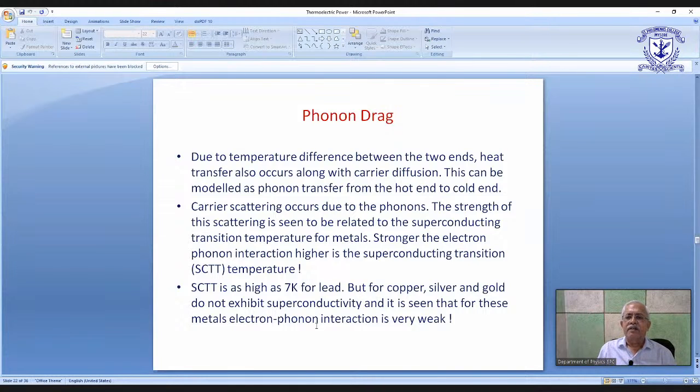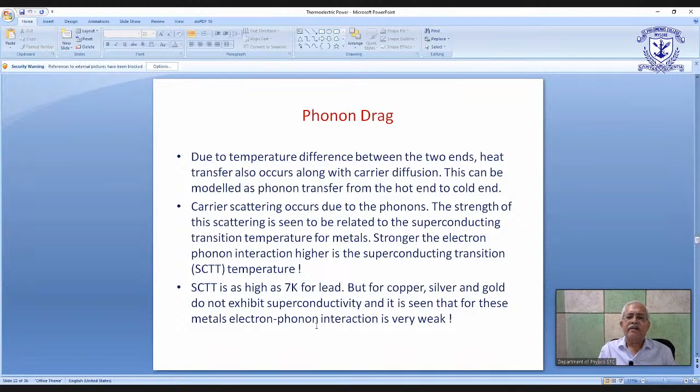Okay. The strength of this scattering, or electron-phonon interaction, is very interestingly seen to be related to the superconducting transition temperature for metals. See, you can have phonons both in semiconductors and metals. In particular, if we look at metals, many metals show superconducting transition at very low temperatures.